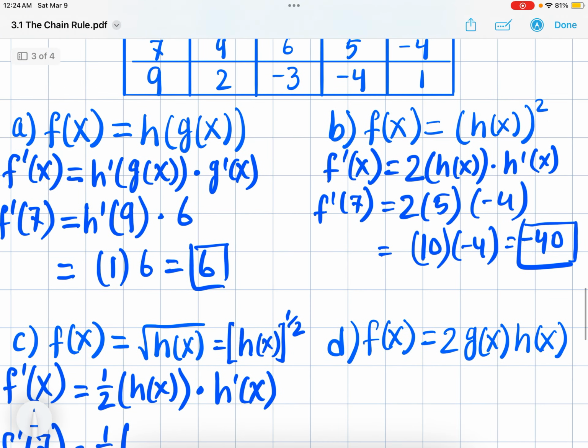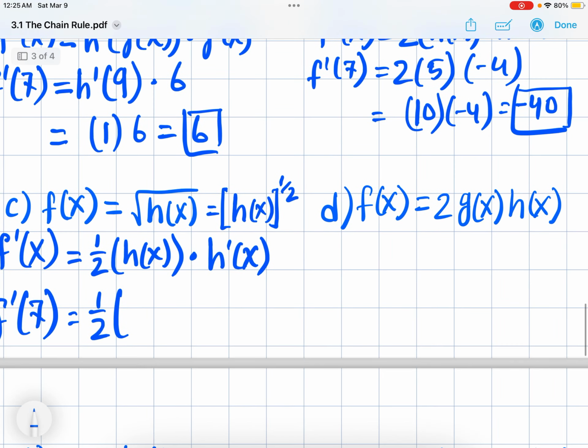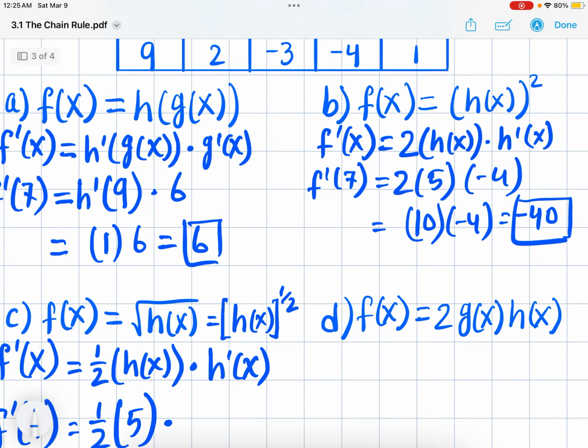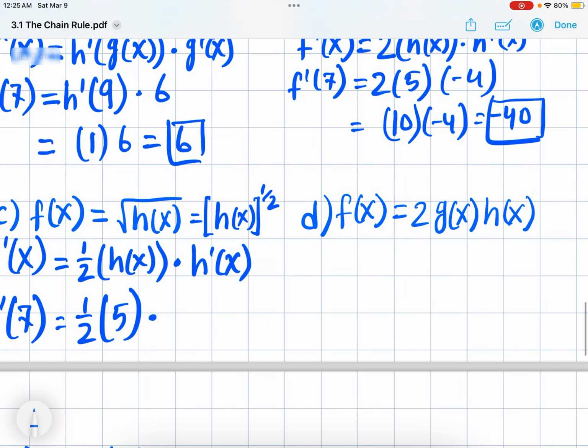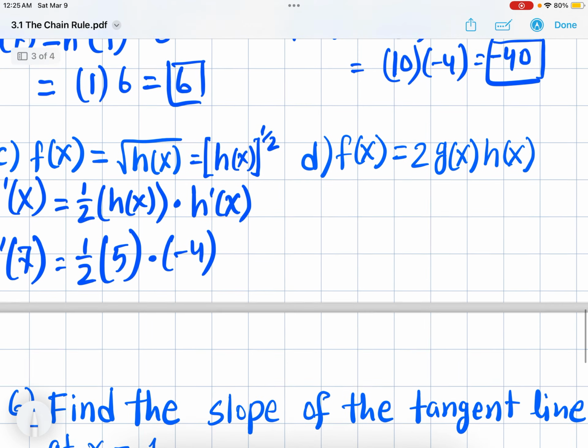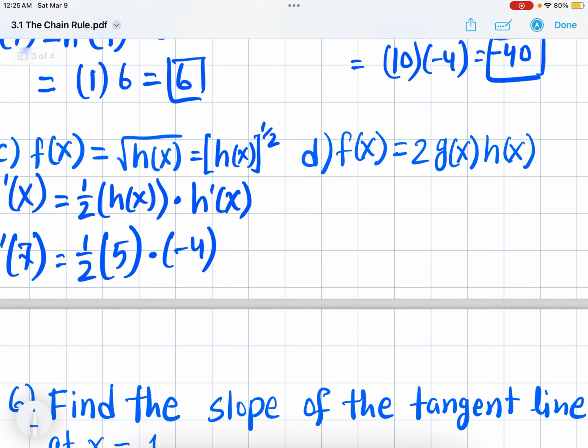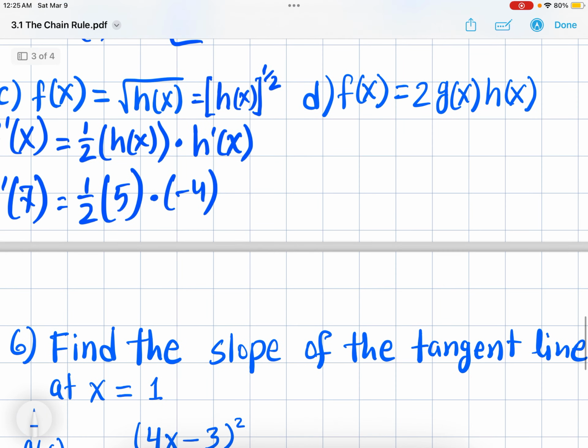Okay, let's look at h of x at 7 is 5 times h prime at 7 is negative 4. So it's gonna give us minus 2 should be equal to negative 10.